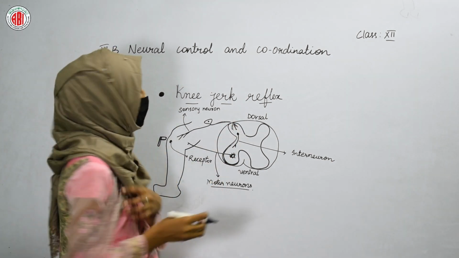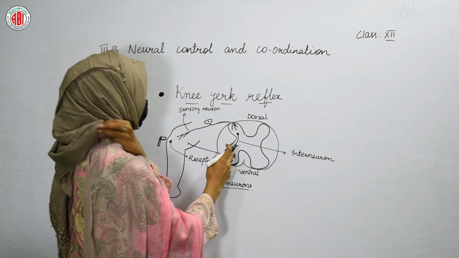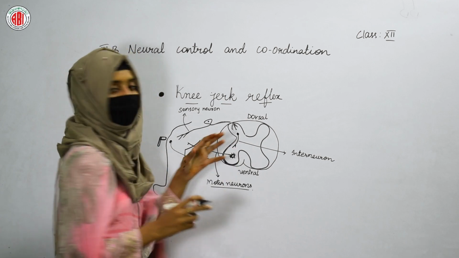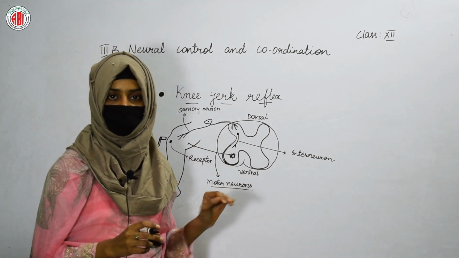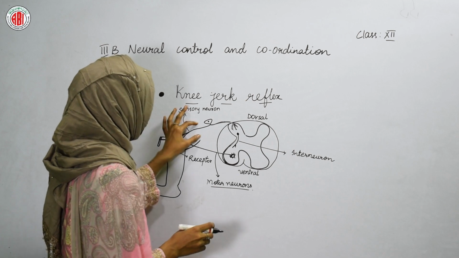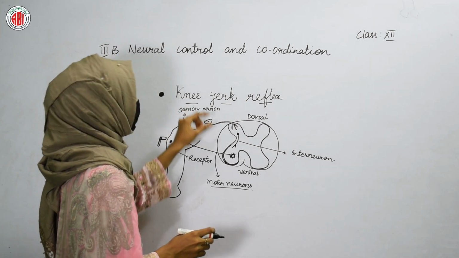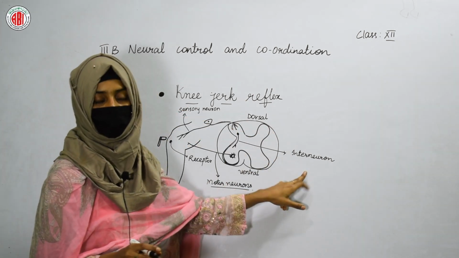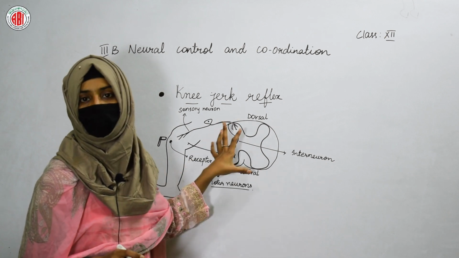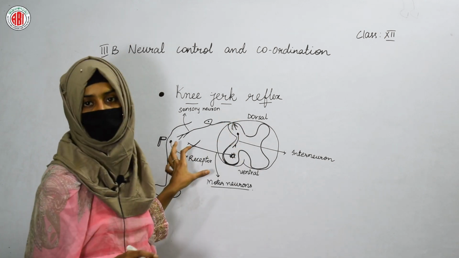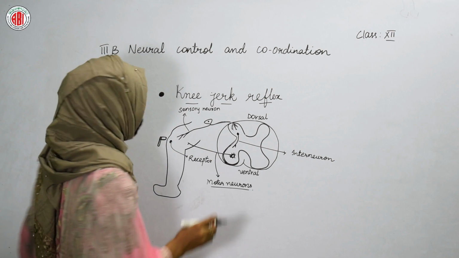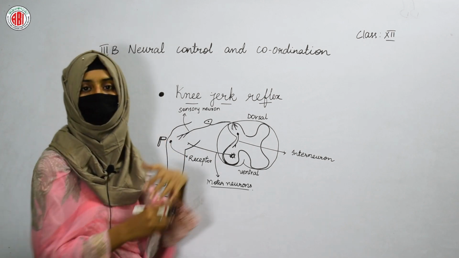These interneurons analyze the information that is carried by the sensory neurons, and then after the analysis, the motor neurons send the commands to our muscles. They send the commands to the muscles of our leg in order to show some action.